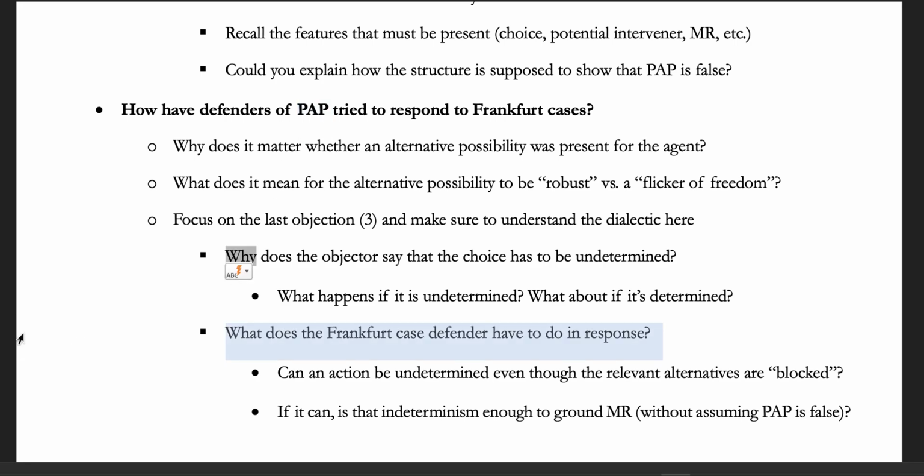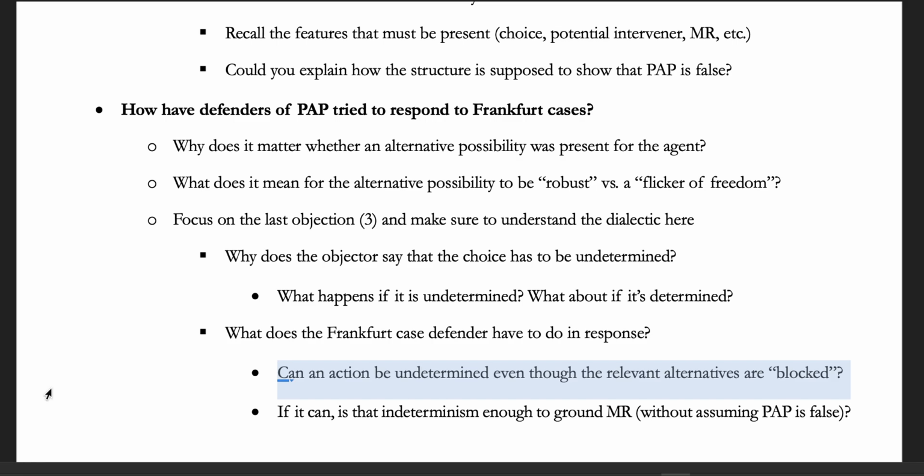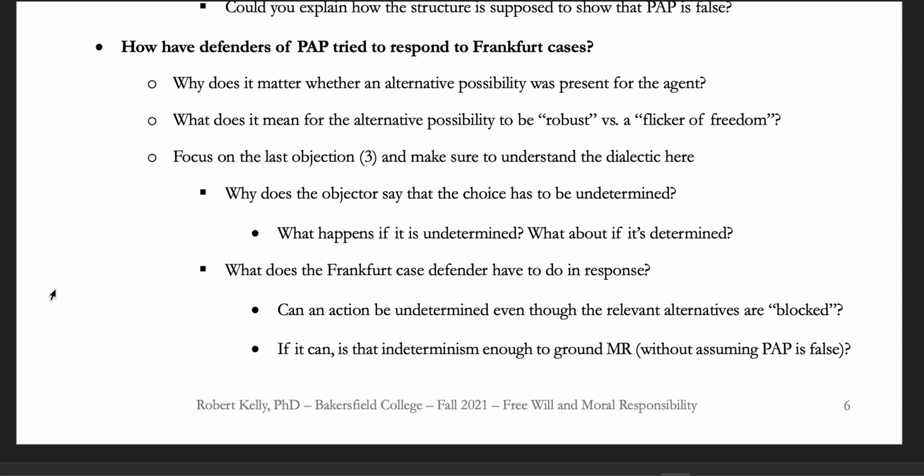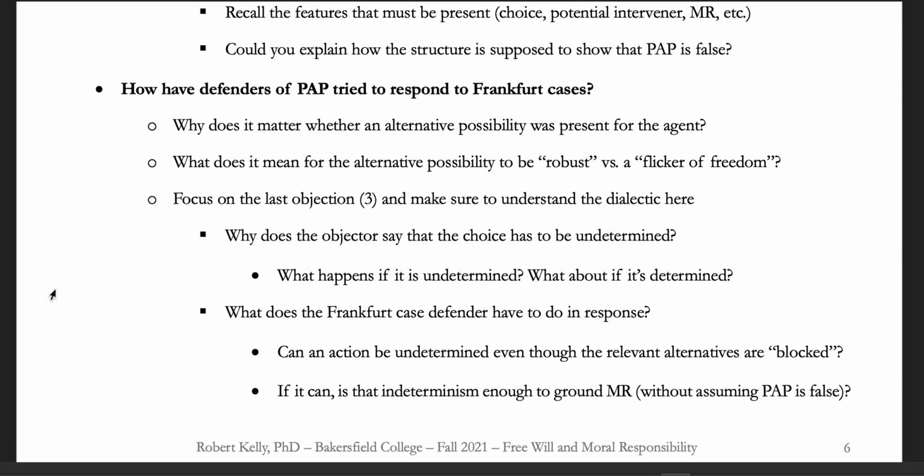Okay. So what does the Frankfurt case defender do in response? They need to modify. They say, can an action be undetermined even though the relevant alternatives are blocked? Does that even make sense? Remember Kane's questions, like, it just seems like it's determined. If there's a block there, it just seems like it's determined. You can't really do something else.